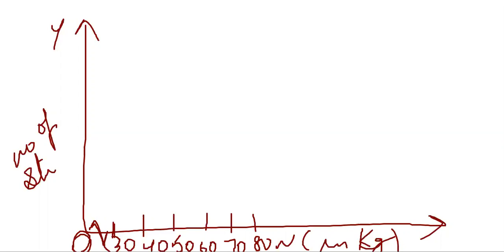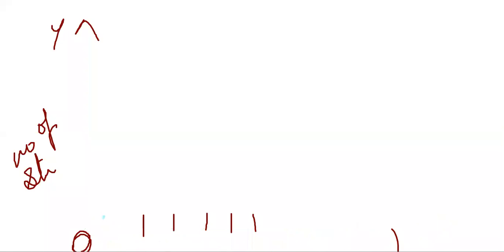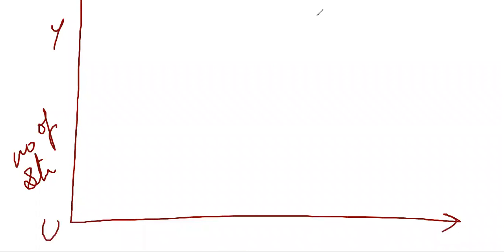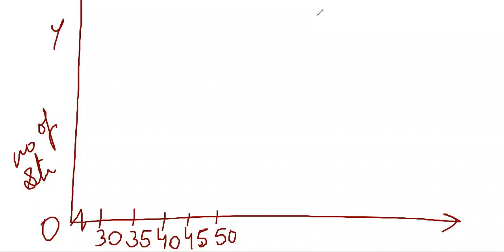Sorry, a gap of 5 is given here. So we'll take the kink line, then we'll take 30, 35, 40, 45, 50, 55, 60, and so on, like this.